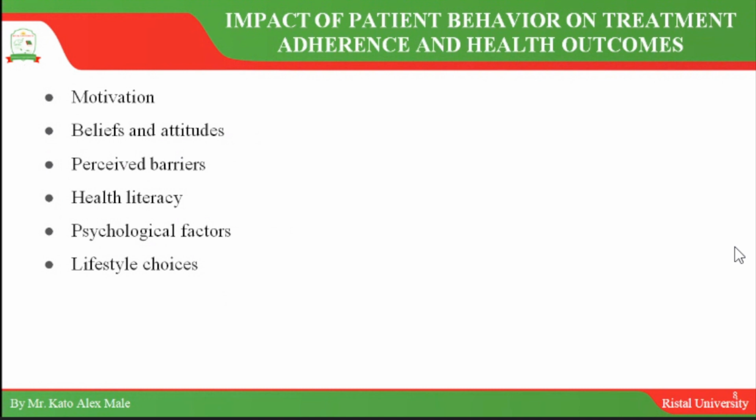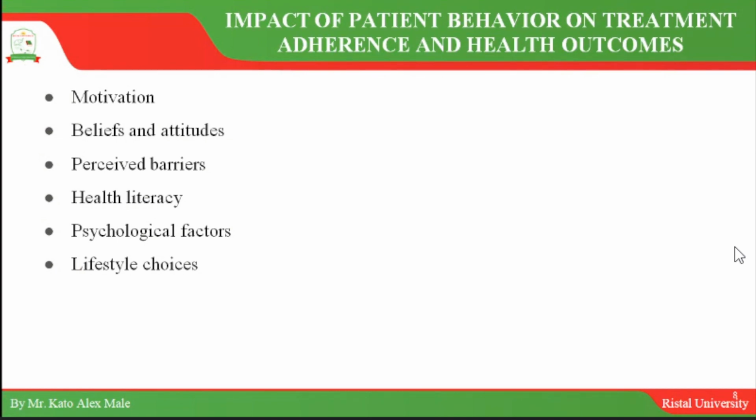Then psychological factors also have an impact on adherence. I've given you an example of mania. An individual who is undergoing mania is always excited. They will not adhere to your treatment because they don't even understand what is going on. Then we have psychological factors, for example, stress.